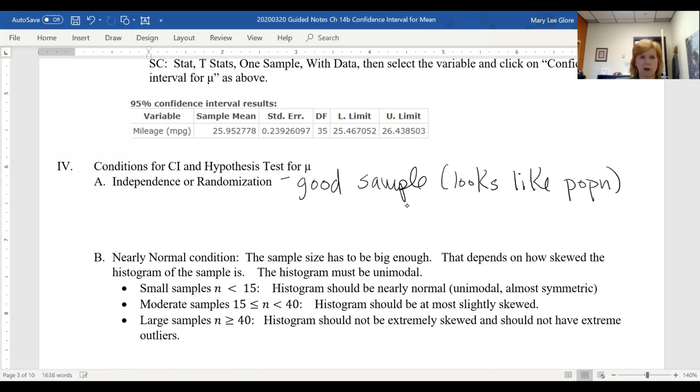I can get that by taking a random sample, or if I don't use randomization, I still need to try to come up with a good sample. I want n, let's say 50 people or things that I believe represent the population. They should be independent of each other, which means they're unrelated to each other. They shouldn't affect each other's value. N independent observations that we believe represent the population.